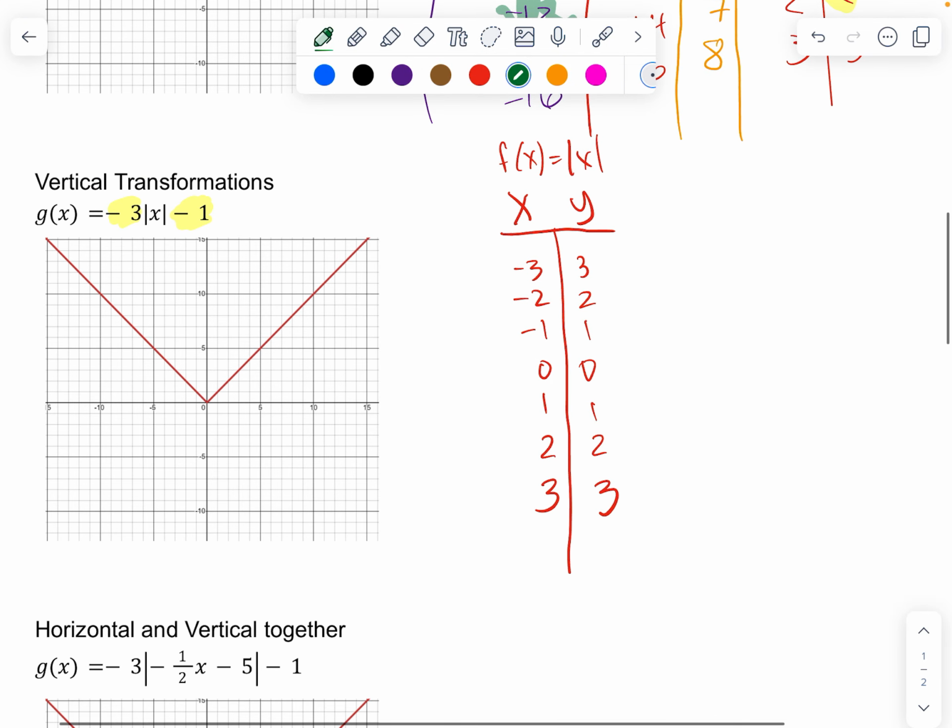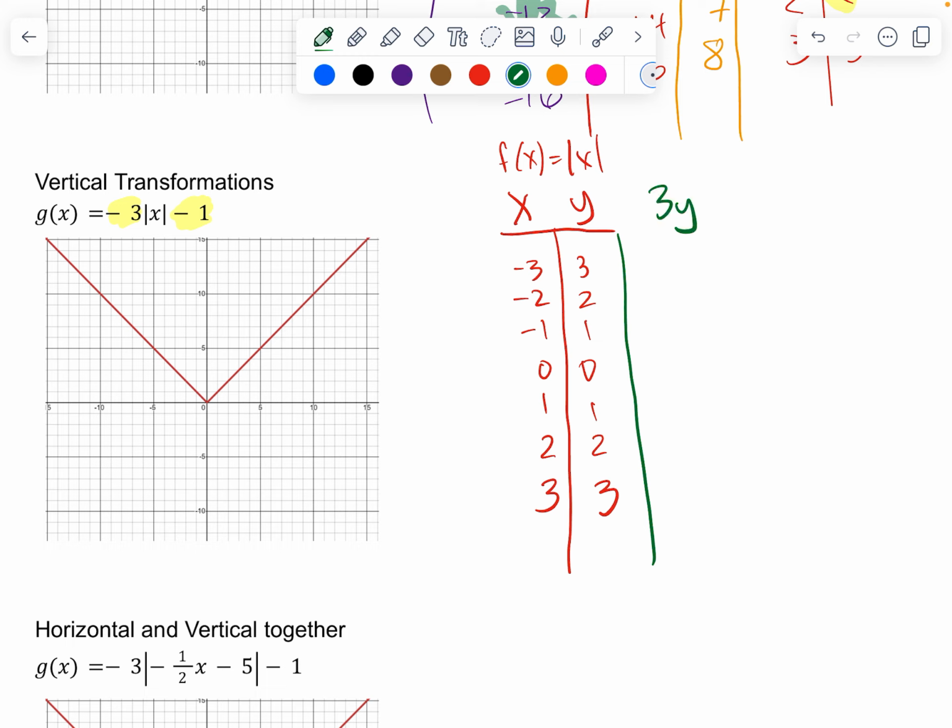So that's the number 3y. So I'm looking at this number right here. I don't want the negative yet. Okay. So I'm going to take the y values and multiply them by 3. So that's 9, 6, 3, 0, 3, 6, 9.